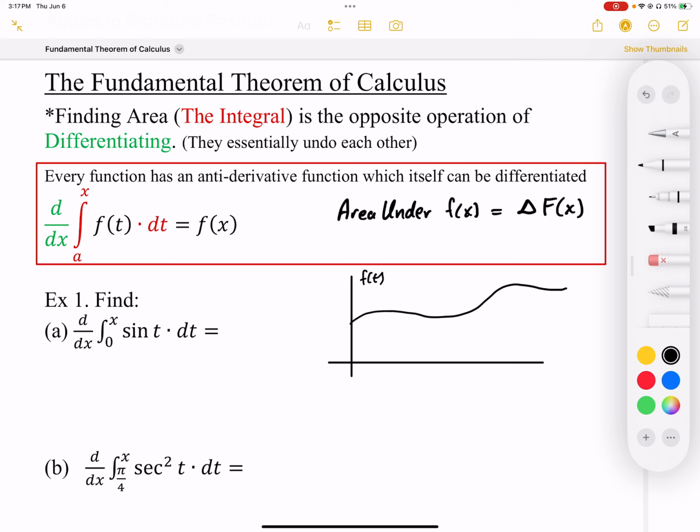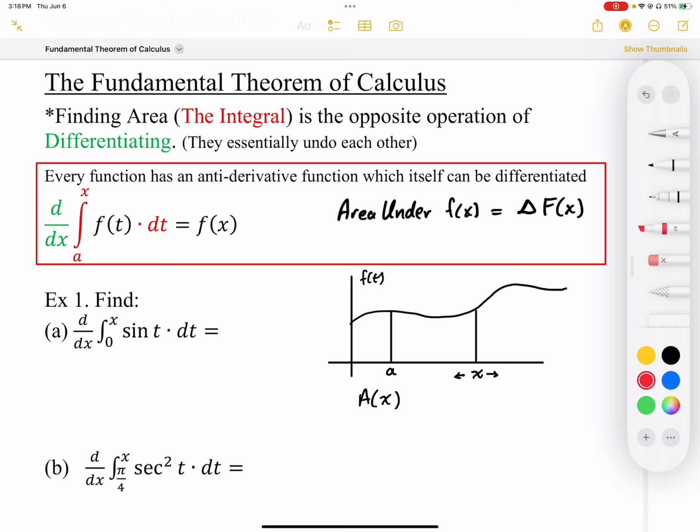And we're going to say that the area function, or the big F, is a function of x, where the area has a specific starting point and some general ending point, x, and that point can move to the left or right. And in doing so, that will generate different amounts of area.